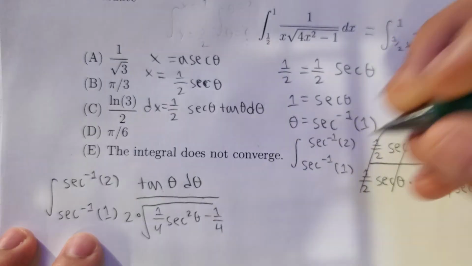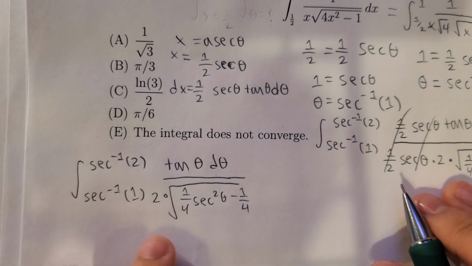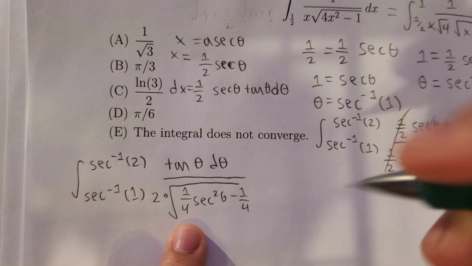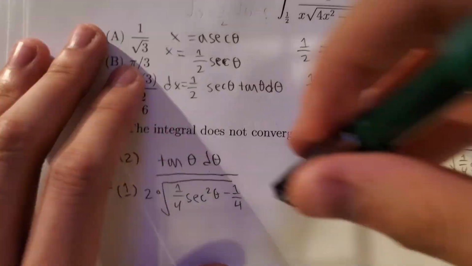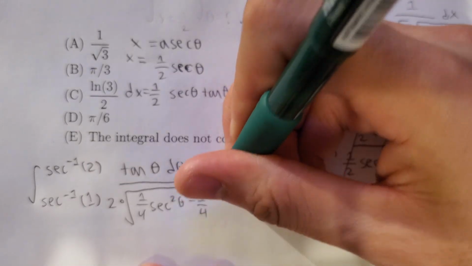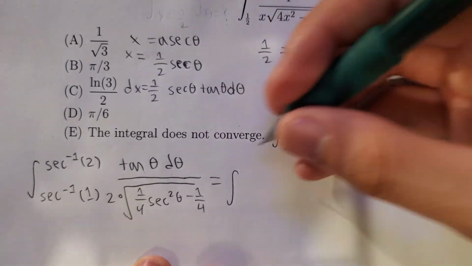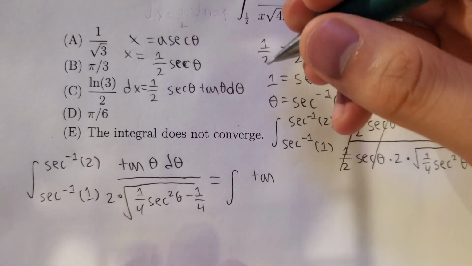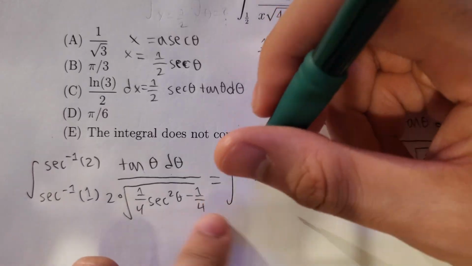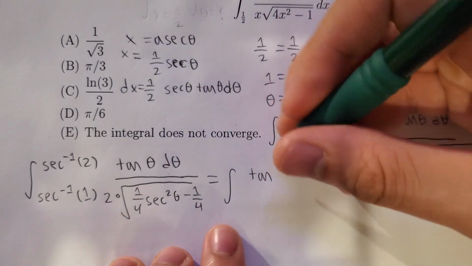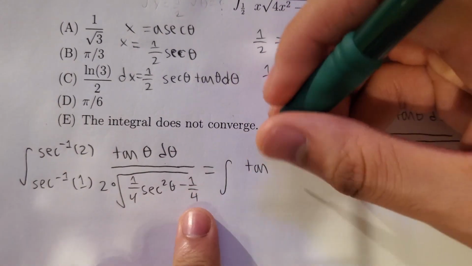And then the next thing we can do from here is we can take out a square root of 1/4. And so when we do that, this integral is going to look like this. I'll put the boundaries back later just to save space. I'm just going to write the integral like this.